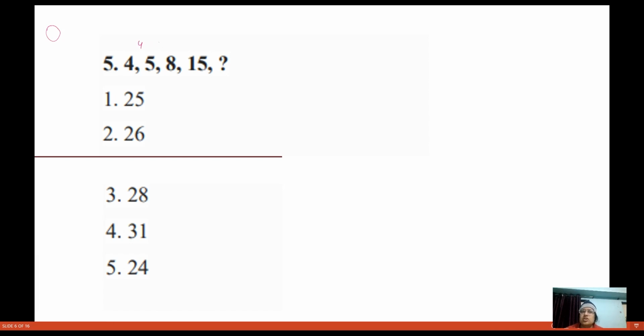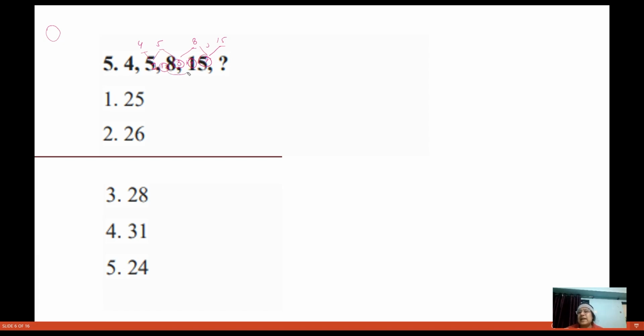The question is number 5. So you have 4, 5, 8 and 15. In this question we can take the difference. It can give us some info, but then we can use other logic as well. So this difference is 1, this difference is 3, this difference is 7. So first there was a difference of 2, then there is a difference of 4.